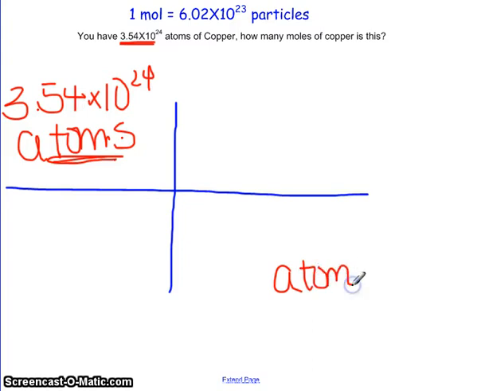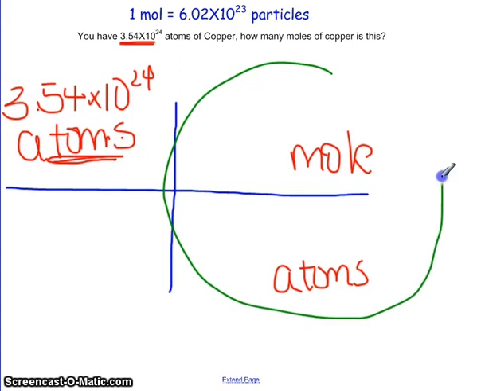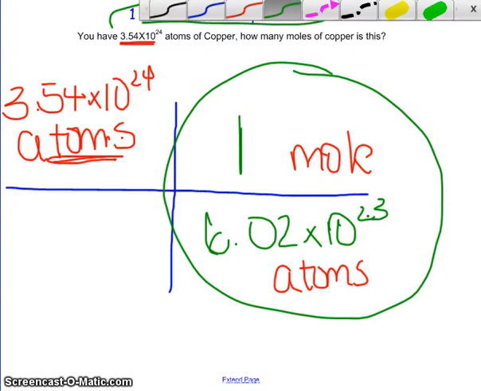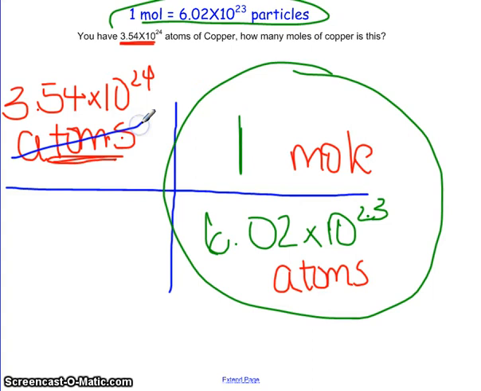That way, algebraically, they can cancel out. And then I'm going to be looking for moles. Keep in mind, this right here is our conversion factor. If I have 1 mole, I'm going to have 6.02 times 10 to the 23rd atoms. Okay? Atoms and atoms will cancel out. We'll be left with moles.